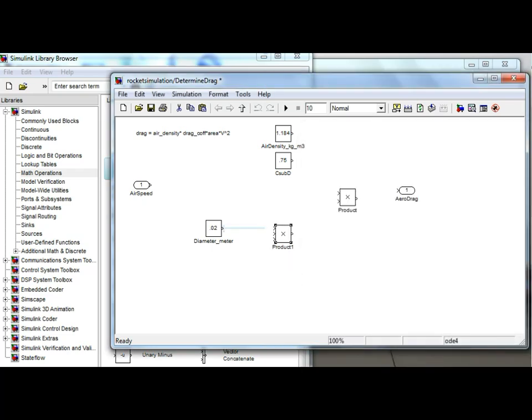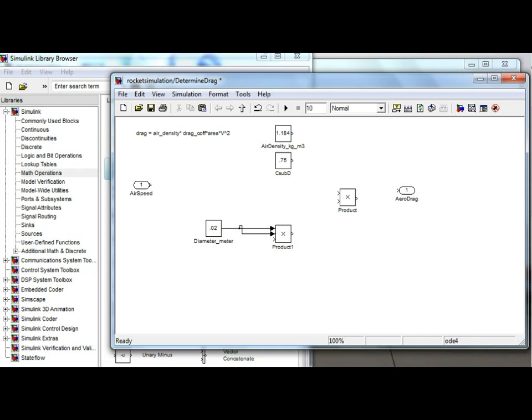If I take my diameter, I can left-click, drag, and connect it to there, and if I left-click and drag backwards and pull it up till it touches, and I click there, oops, missed. Again.